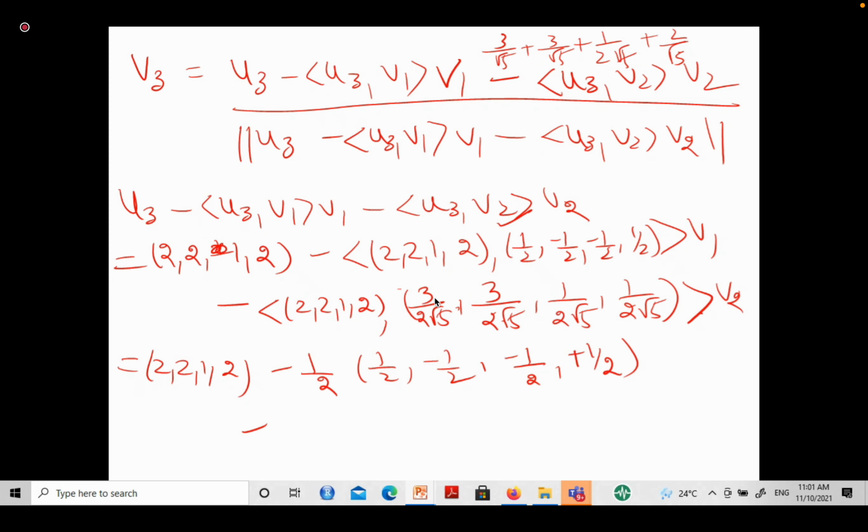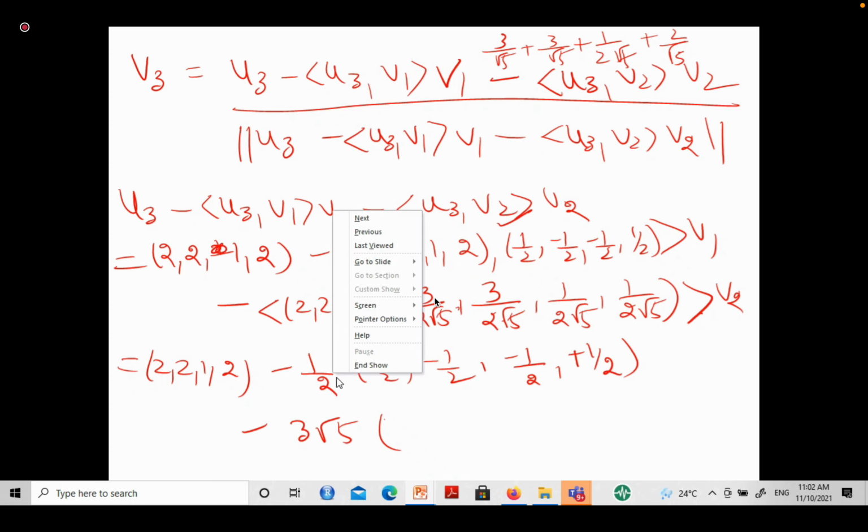Here plus 1. 2 root 5 LCM, 6 plus 6, 12. 12 plus 1, 13. 13 plus 2, 15. 15 by root 5, how much is it? 3 root 5. So 3 root 5, 15 by 2 root 5.